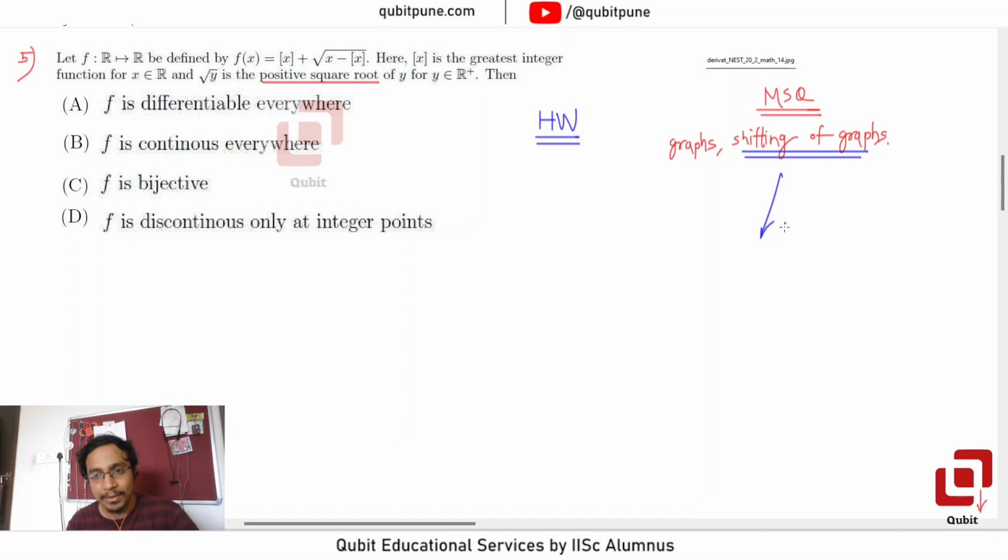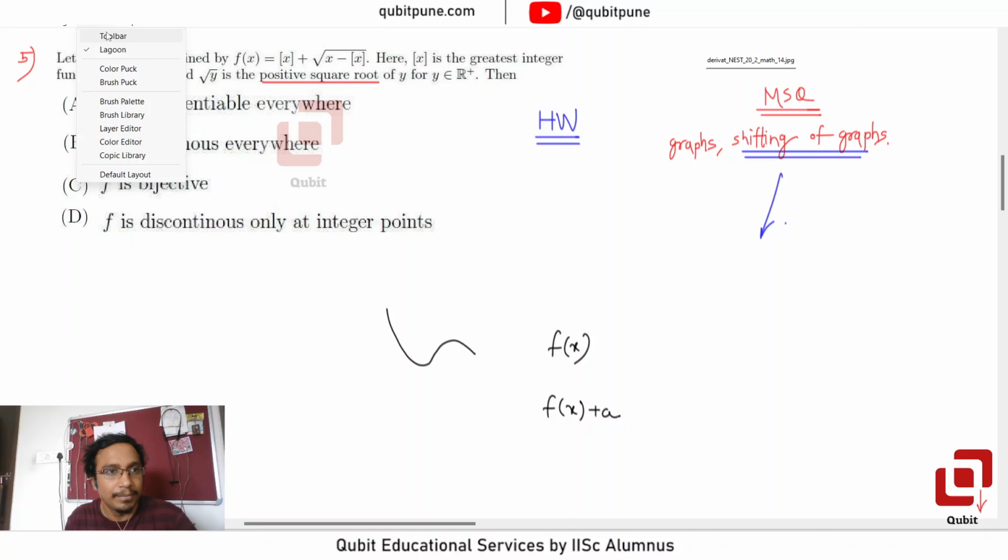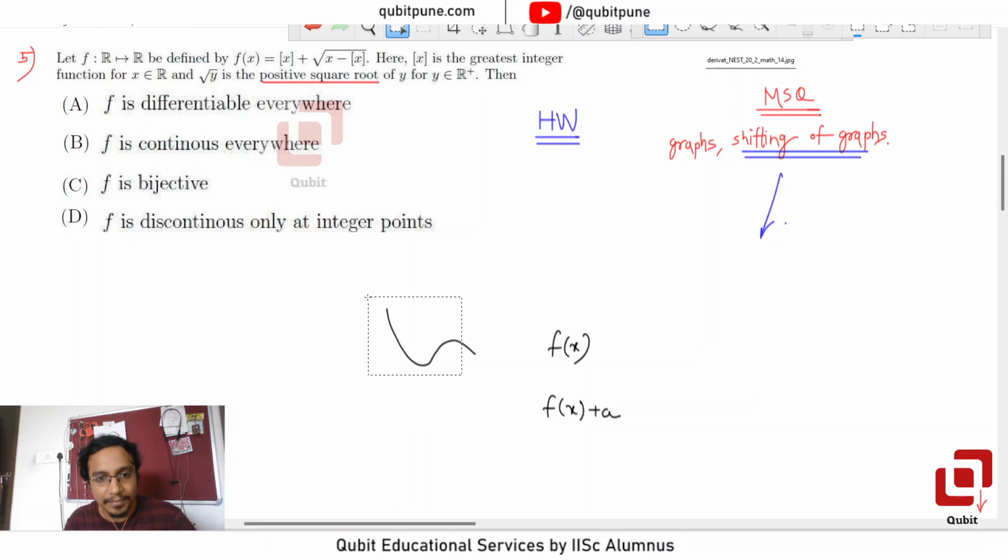Okay. Look, suppose this is graph of f of x. Now, if I want to plot the graph of f of x plus a, it will shift a bit upwards.